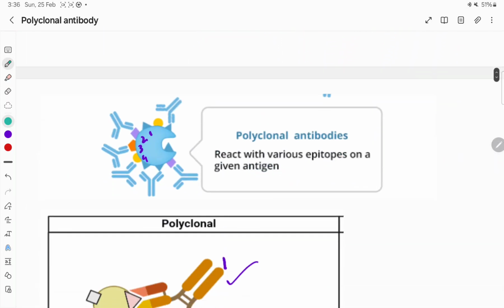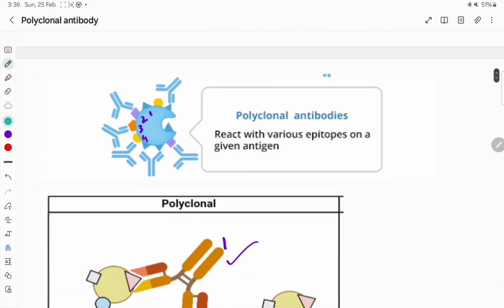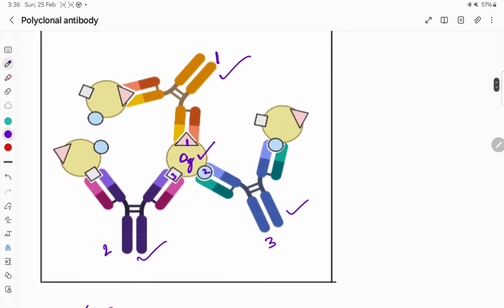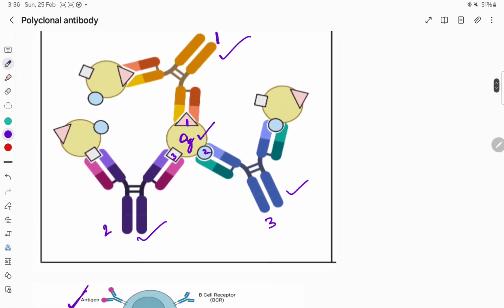Suppose this is the antigen. In this antigen, suppose this is epitope 1, epitope 2, epitope 3, epitope 4. So the mixture of antibodies can each bind to a specific epitope. Let us see here. Suppose this is the antigen, and it has three epitopes: epitope 1, epitope 2, epitope 3.